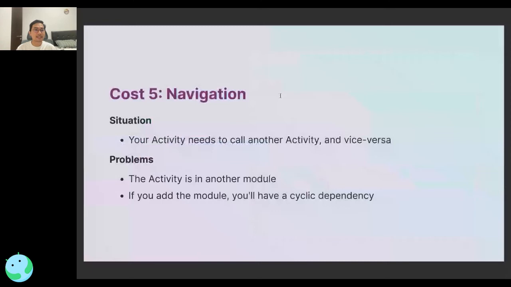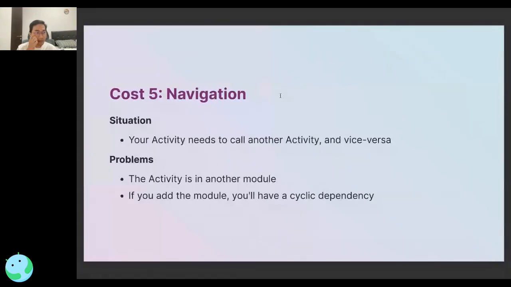Okay, the last cost, and that is navigation. This is yet another common scenario where the activity needs to call another activity and vice versa. The problem is the activity is in another module, similar to what we encountered in the previous cost.